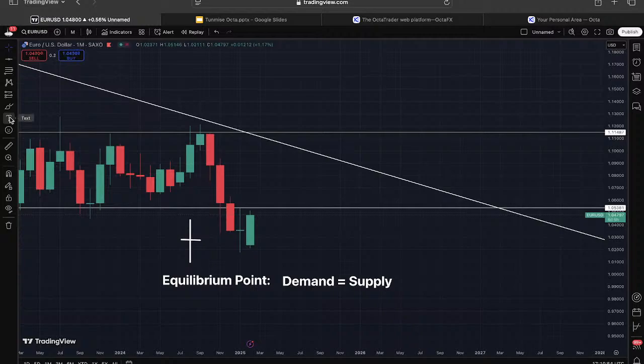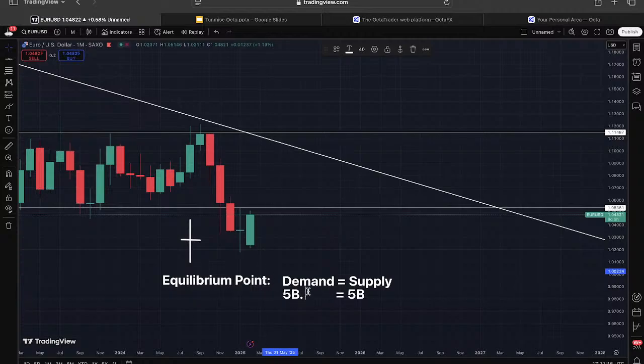So equilibrium point is more like saying that, let's say, whatever volume coming in demand, say 5 billion, is equal to 5 billion coming in supply.